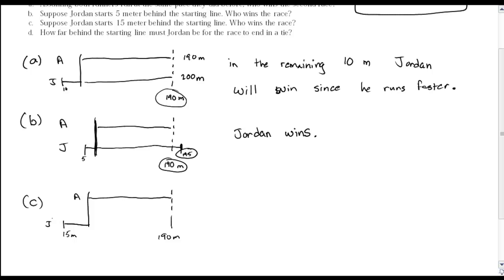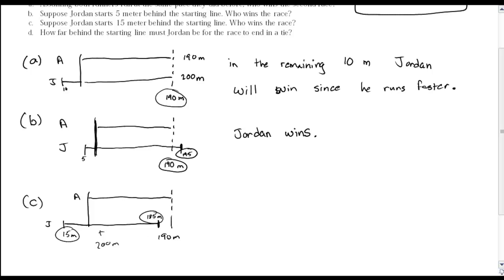So 15 plus what is going to get me to 200? So that would be 185. So 185 meters. The idea being this plus this is equal to 200 meters. Because again, Jordan can run 200 meters in the time it takes Armani to run 190.